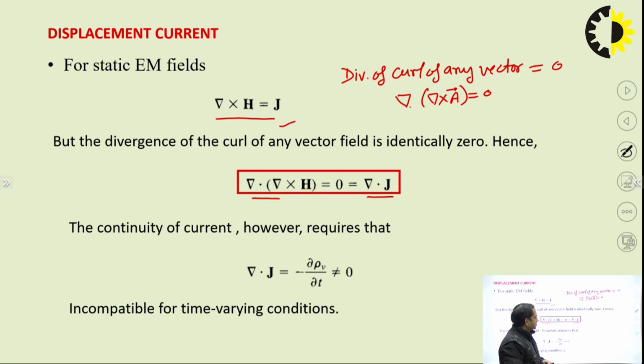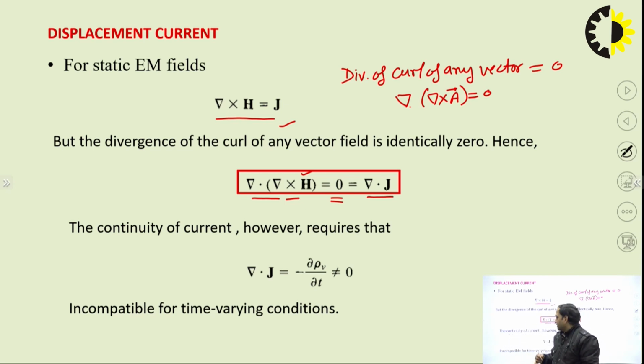So if we have the vector H in place of A, then the divergence of del cross H must be equal to 0.